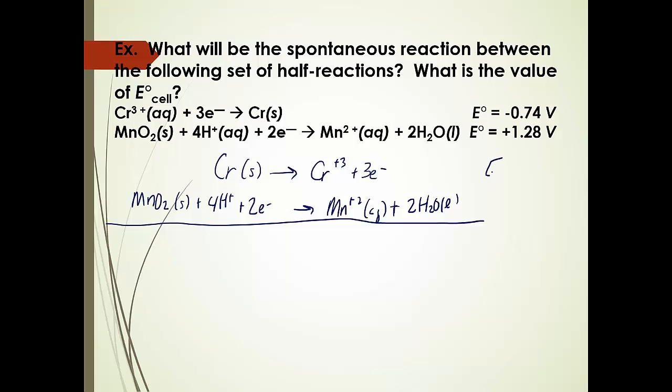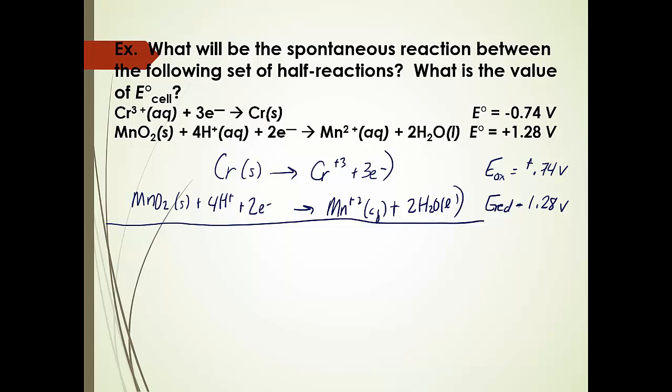And so I know this. What did I do to it? I changed it. So this is my oxidation. So my oxidation is a positive 0.74. This is my reduction. I didn't do anything to it. It's a 1.28 volts.